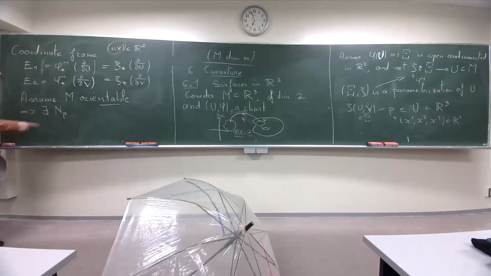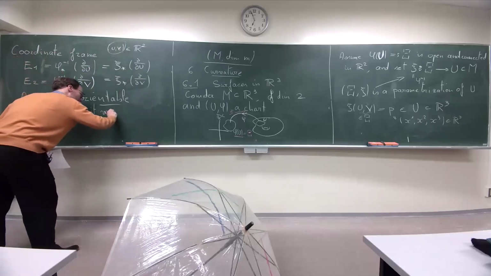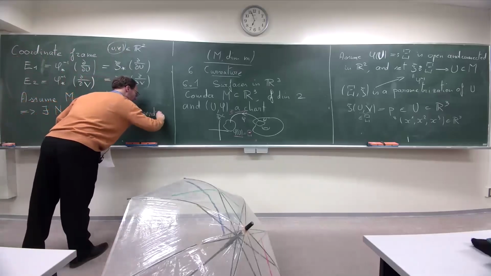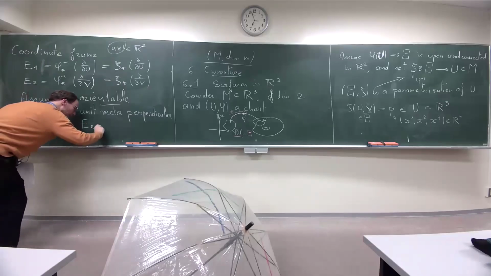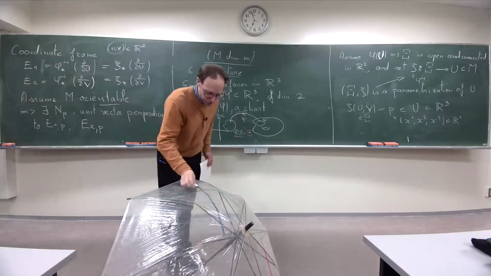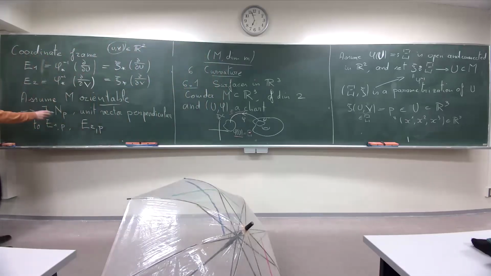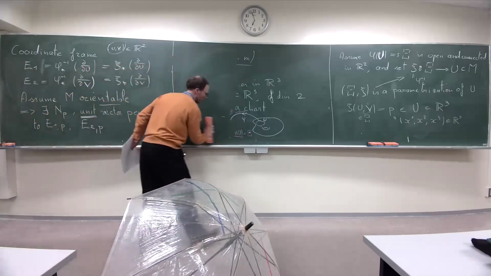So since we are in R3, there exists a third vector, which I take as a unit vector, perpendicular to E1 at P and E2 at P. So we have the tangent plane at P. We have two vectors which generate this tangent plane. And I take one vector, which I take of norm 1. I take one which is orthogonal to both of them. You always have two possible orientations.